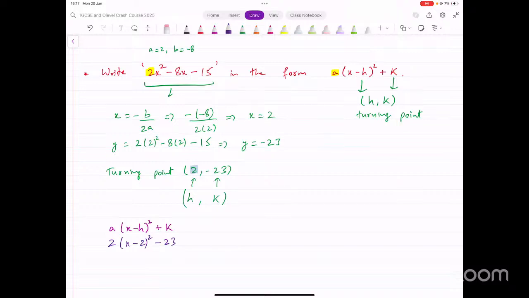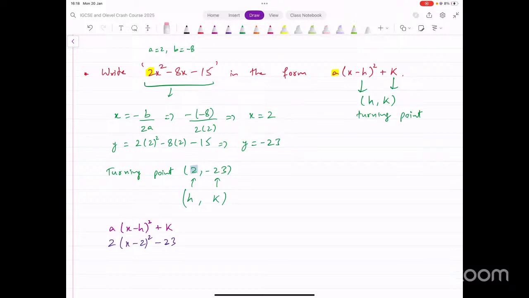If you had a function like this and you had to convert that to completed square form, the standard form looks like this. One way to do that would be that you find the turning point first of all using the minus b over 2a method. You find, for instance, x equals 2 from this and y equals minus 23 from this.